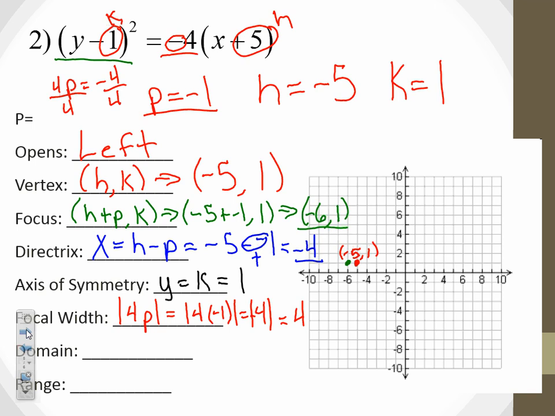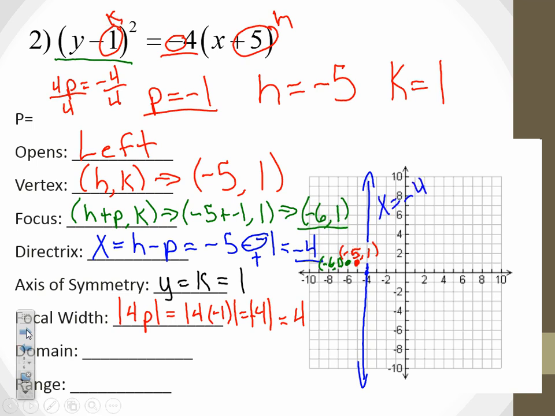Make sure we label that. Sorry guys, it's getting a little tight and a little bit messy. Our directrix is at x equals negative 4, so go to our x, negative 4, straight line here. Make sure we label x equals negative 4.